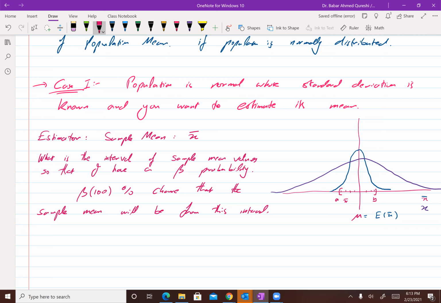AB, and since in this case this probability distribution is symmetric, it would be between minus A and A. Let me first write AB.